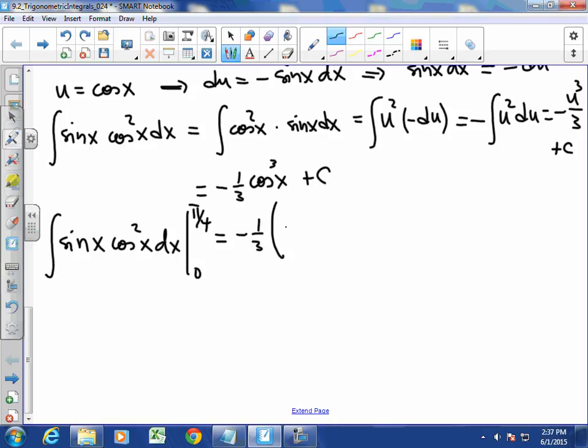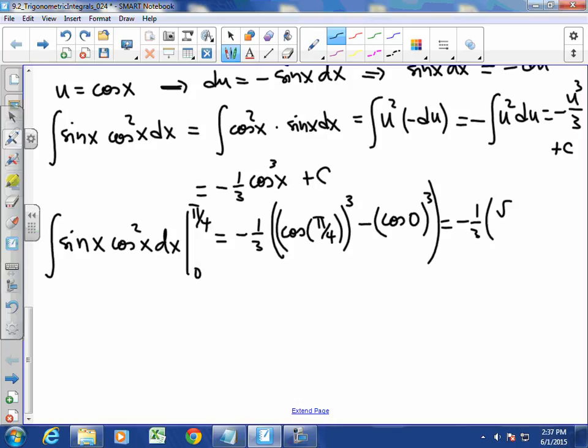Now you replace x with pi over 4 and take the cube, minus cosine with x replaced by 0, then take the cube and simplify. So negative 1 over 3 times root 2 over 2 cubed minus 1 cubed.